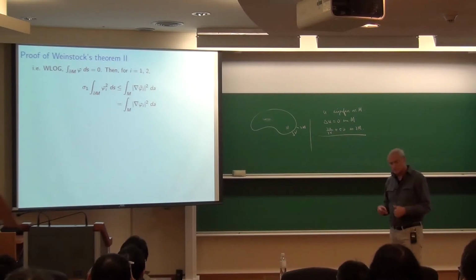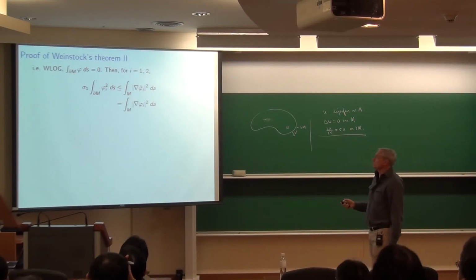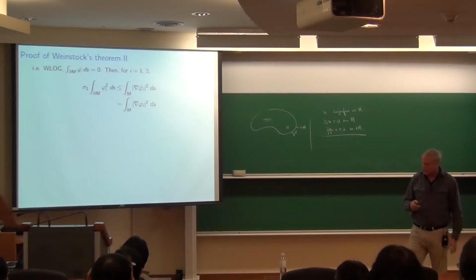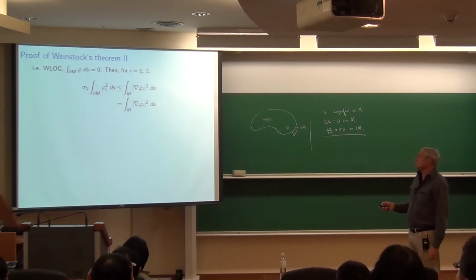That allows us to use the component functions, v1 and v2, as test functions in the variational characterization. In particular, it tells us that sigma 1 times the L2 norm squared over the boundary is less than or equal to the Dirichlet integral inside. Now in this case, the components are already harmonic.